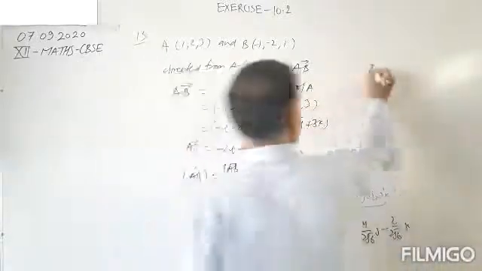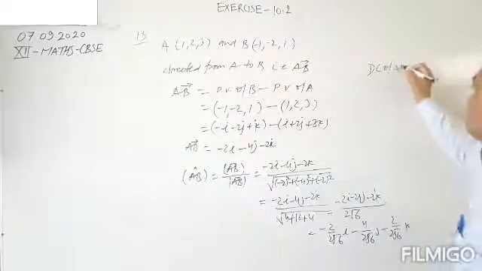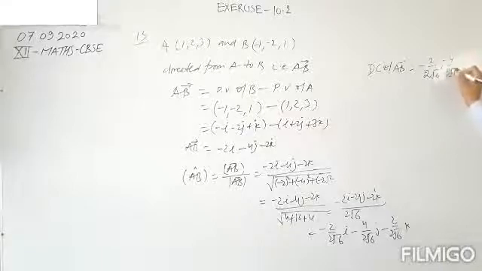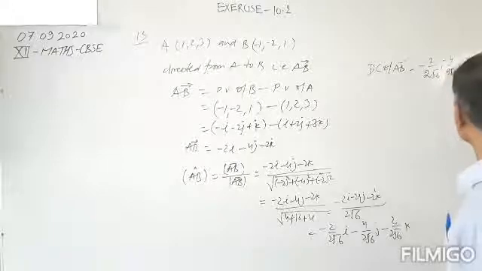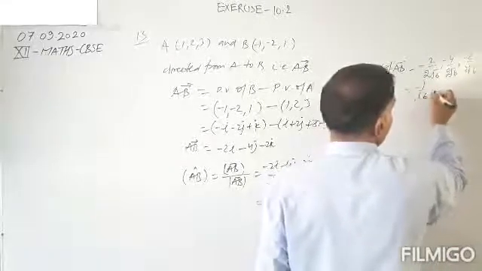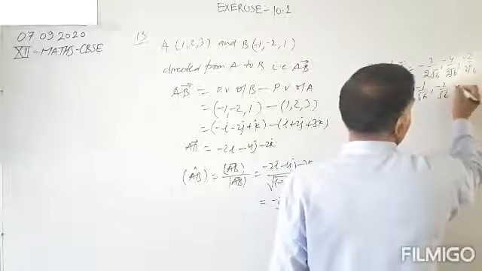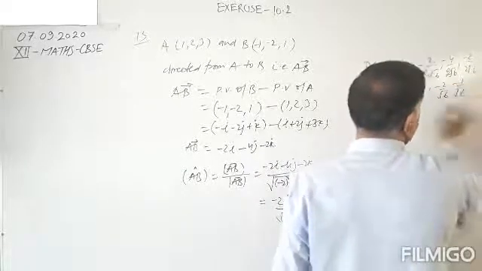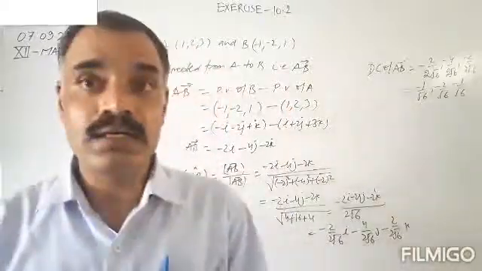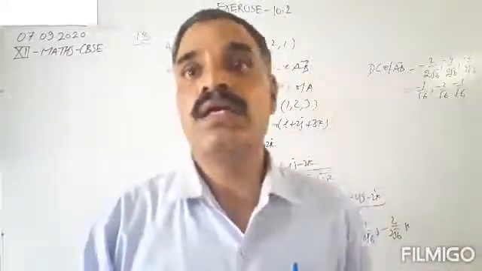So the direction cosines of the AB vector are -2/(2√6), -4/(2√6) and -2/(2√6), which equals -1/√6, -2/√6 and -1/√6. These are the direction cosines of the given vector AB. Okay.